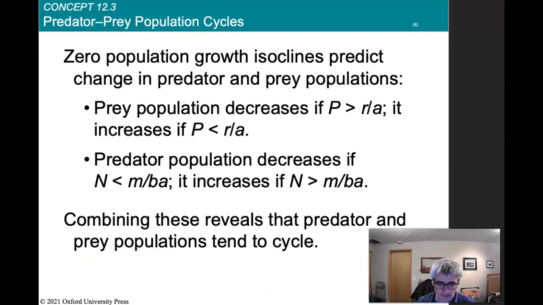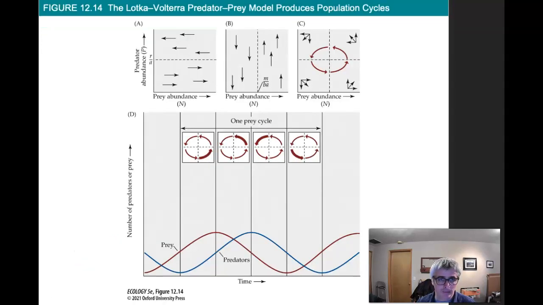We'll walk through that and hopefully it'll make a little bit more sense here. So looking at this graph, the top three are the same. The prey abundance increasing, which is N, is on the x-axis: less prey, more prey. Predator abundance goes up on the Y. So here we're looking at the first one, R over A, which is looking at the prey population.